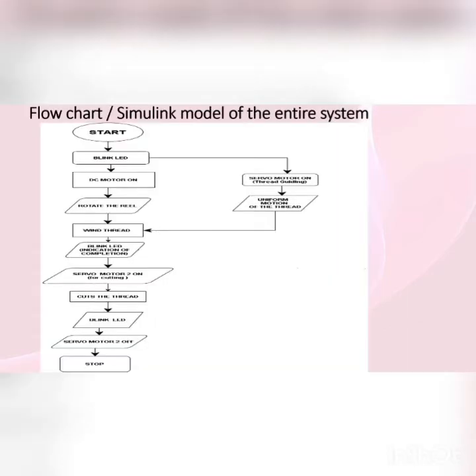Flowchart or Simulink model of the entire system. Just to sum it up, this flowchart starts when the machine is started, we take an input and then the LED blinks. As the LED blinks, simultaneously the DC motor and servo motor 1 turn on.